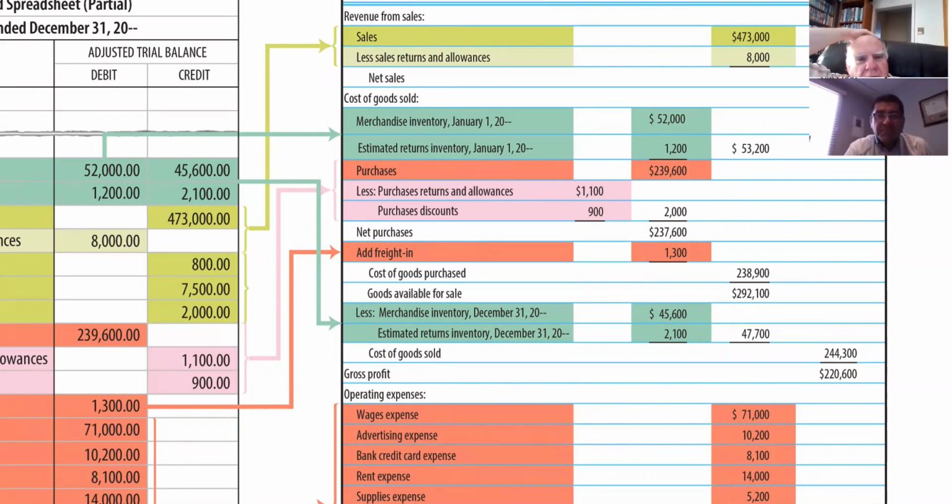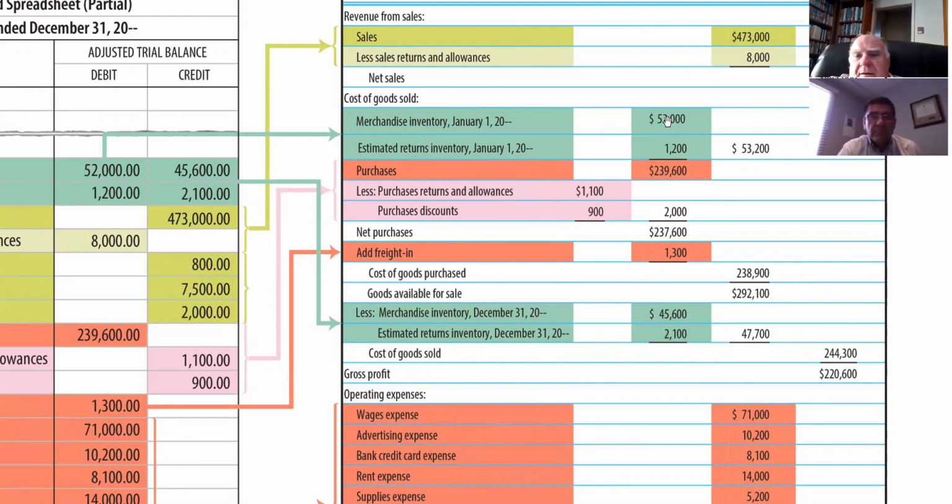But what we're talking about here is on the multiple step, it shows great detail on how we came up with our cost of goods sold. We take the beginning inventory plus the net purchases minus returns allowances minus purchase discounts.